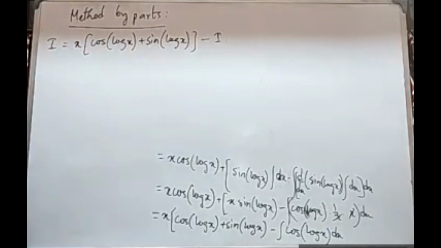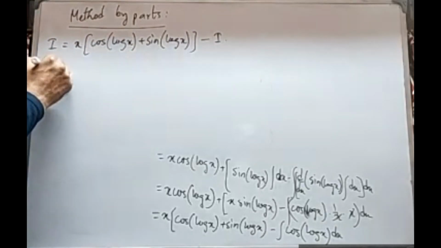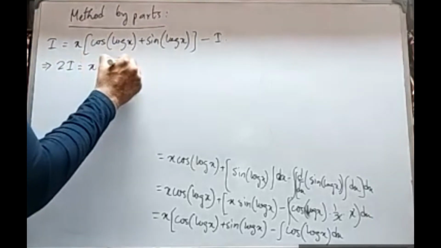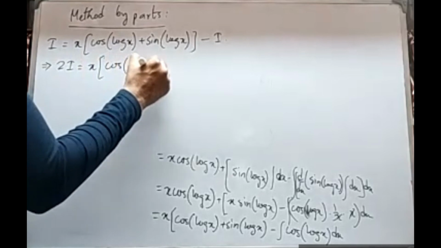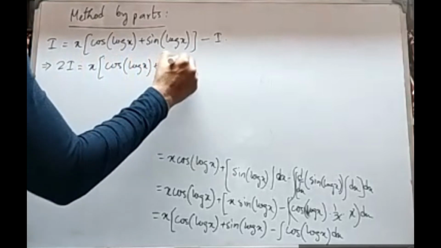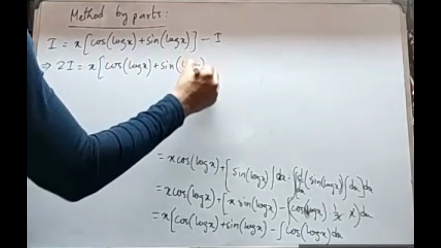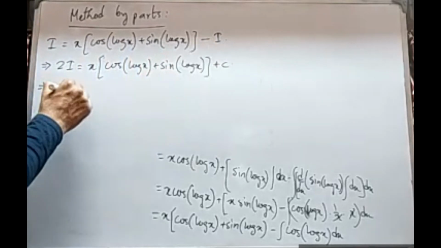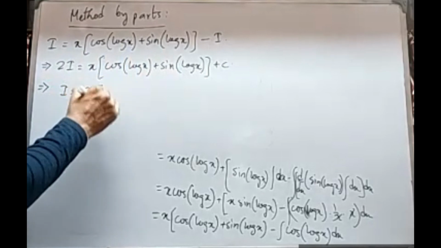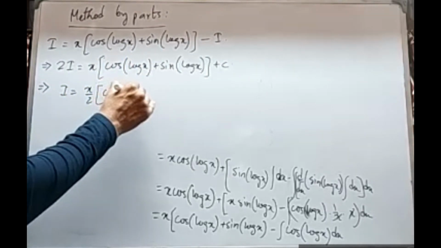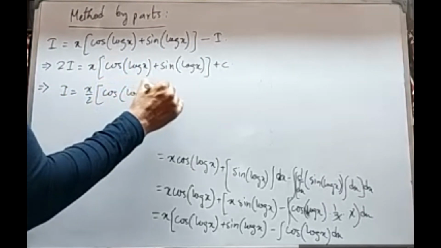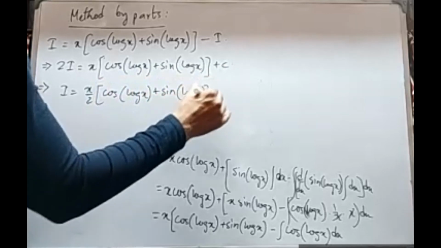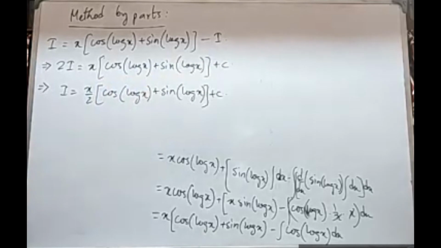So simply 2I is equal to x into cos log x plus sin log x plus c. I is equal to x by 2 into cos log x plus sin log x plus C.